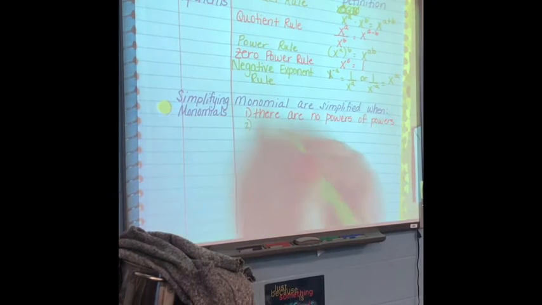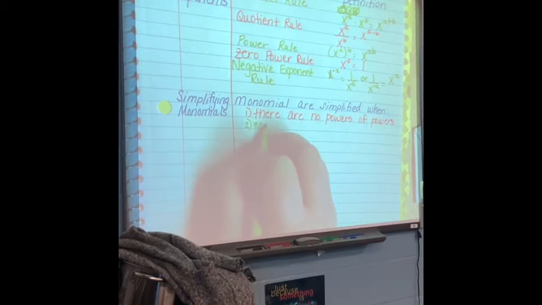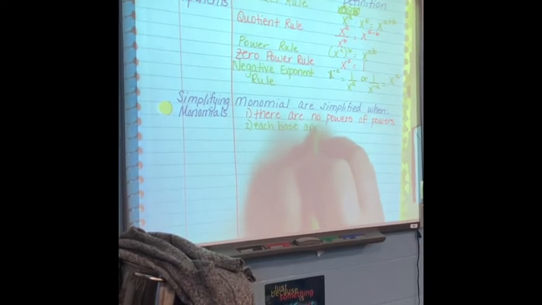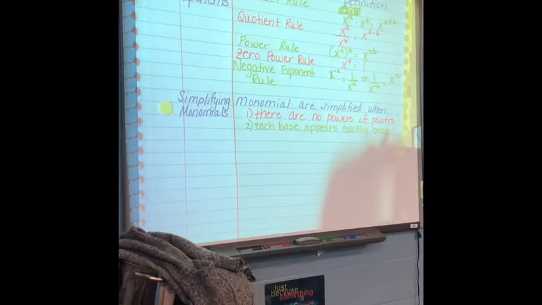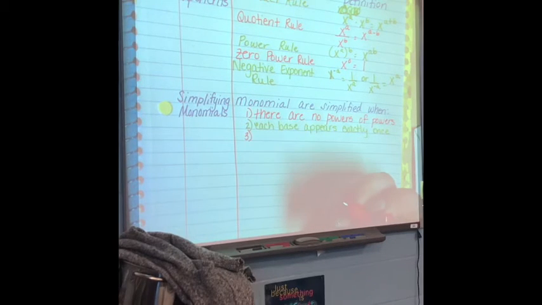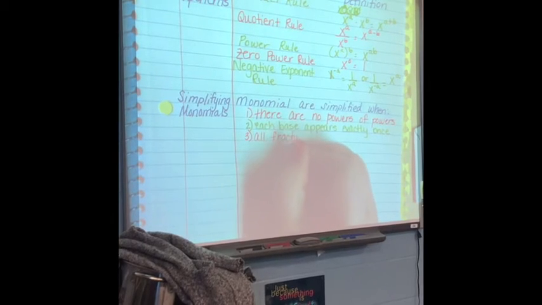The second thing that it must satisfy is that each base must appear exactly once. The third thing that must be true is that all fractions must be in their simplest form.